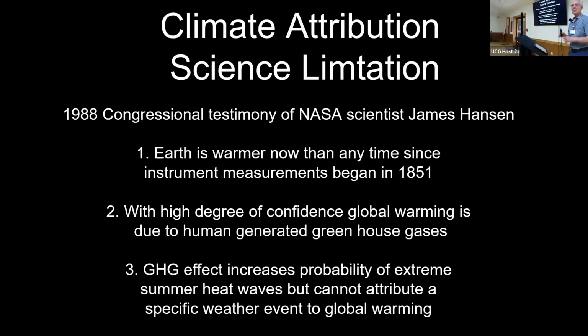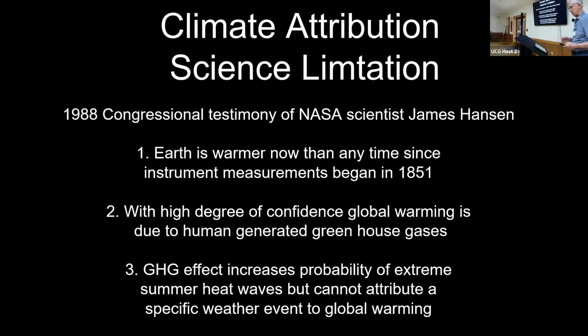So there was a big debate between natural variation and rise in temperature due to global warming. Although he could say the planet as a whole was developing a fever, he couldn't say that about a specific weather event. And that's where climate attribution science emerged into weather attribution science.